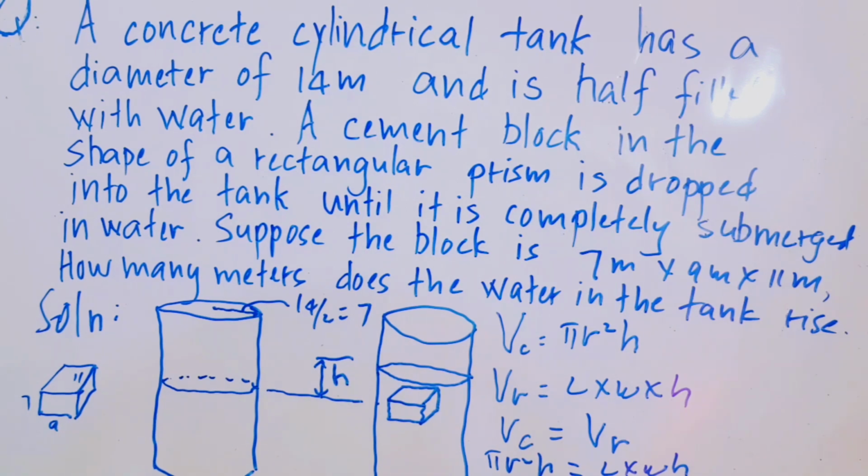Therefore, h. If we substitute the value of r, which is 7, pi times 7 squared times h is equal to 63 times 11, which is 693. Therefore, the height is equal to 4.5 meters.